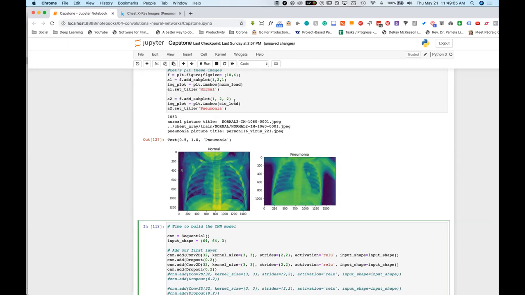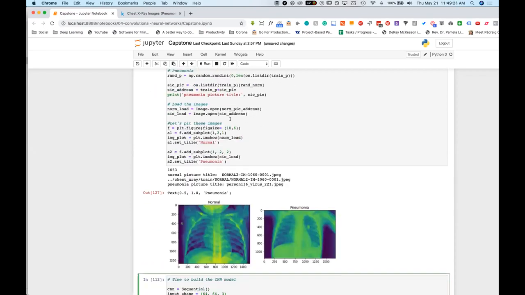So this could potentially have an unintended learning side effect where maybe the model is learning that pneumonia images are in color more often than the normal images. Some things like that I think would need to be addressed in order to really tighten this up.